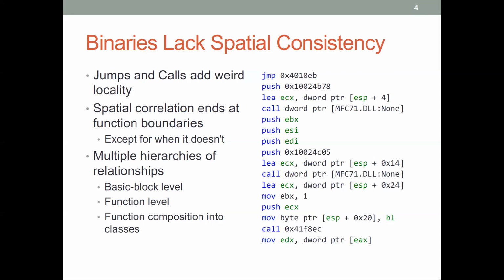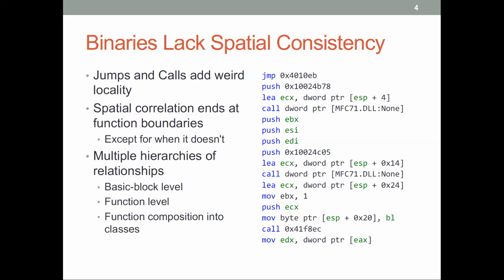But the function can actually call another function from within its code block, or there may be jump statements within the same function, and that breaks the spatial consistency and spatial correlation. There are, of course, multiple hierarchies of relationships in binary code.